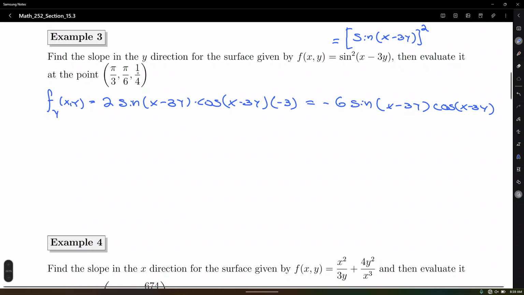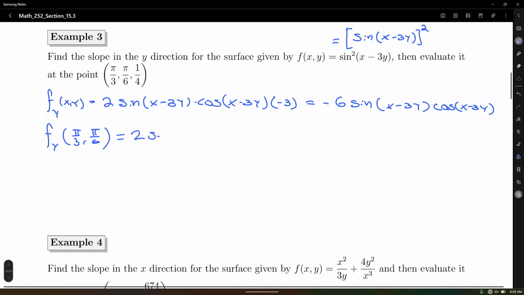So this z value is the f value, the function value, when you substitute x equals pi over 3 and y equals pi over 6. Okay, so let's evaluate the derivative at pi over 3, pi over 6. Just these two is fine.